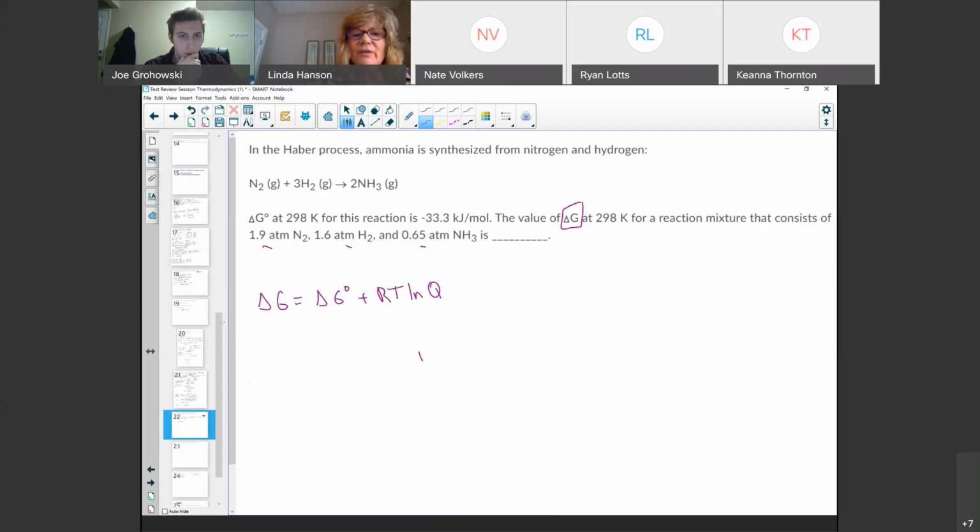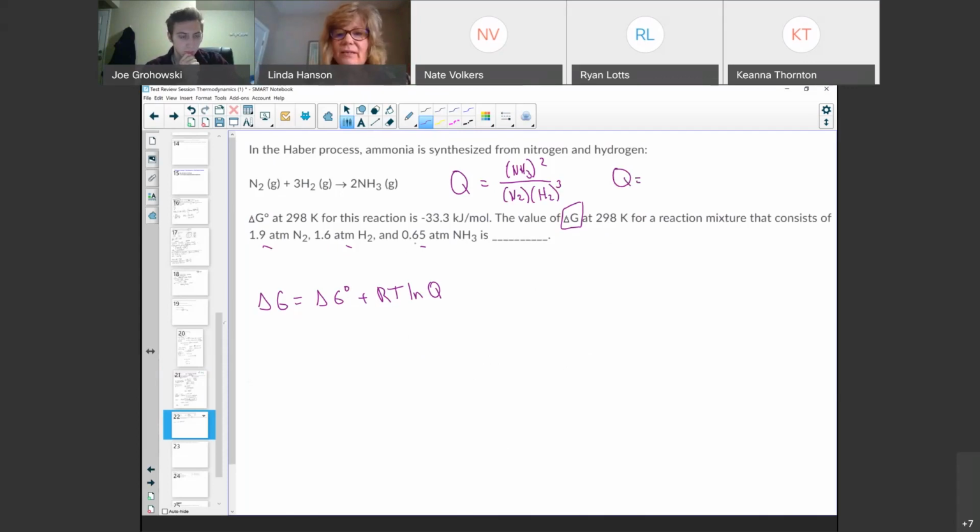So very quickly, we would know that the reaction quotient would be equal to the ammonia squared over the nitrogen times the hydrogen cubed. That's looking at those pressure values where the stoichiometry becomes the power to which you raise. So I can solve for Q with the atmosphere data.